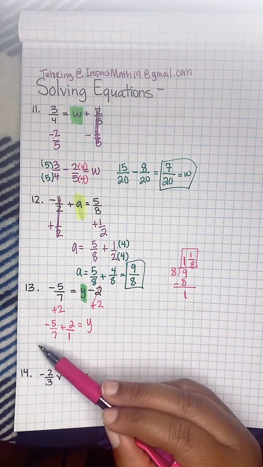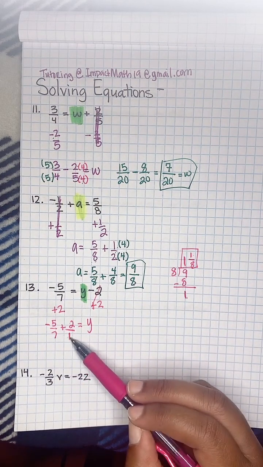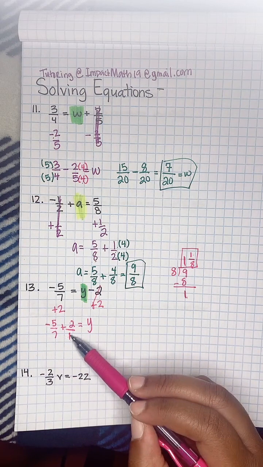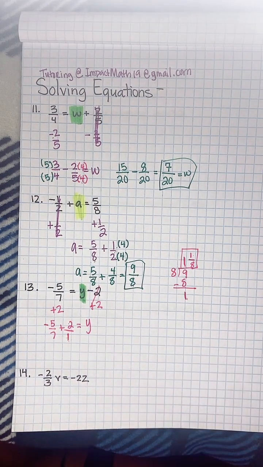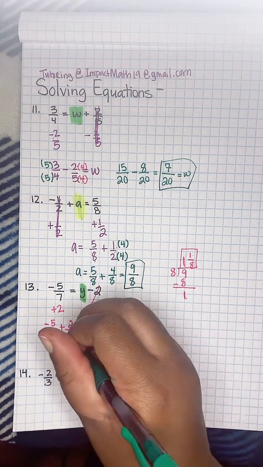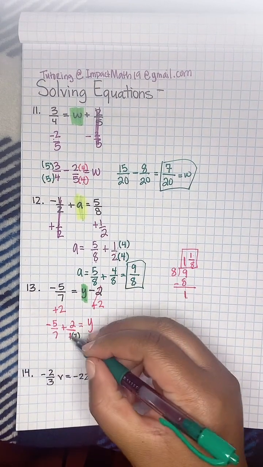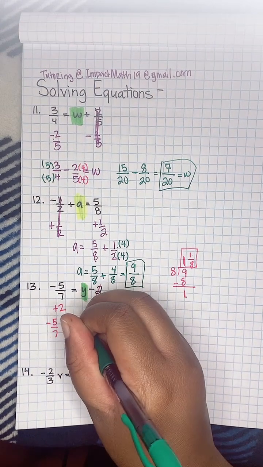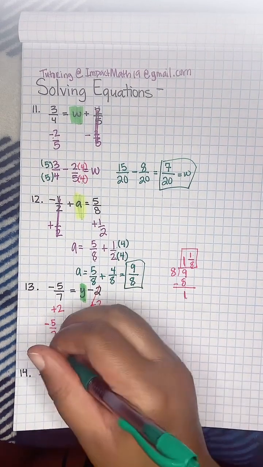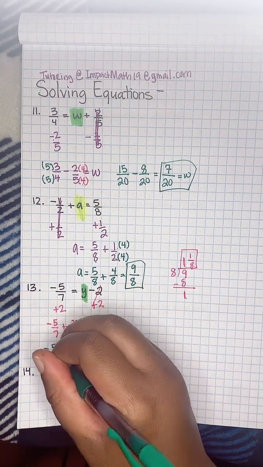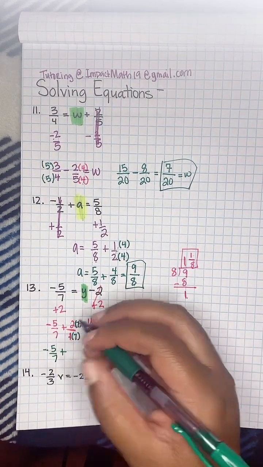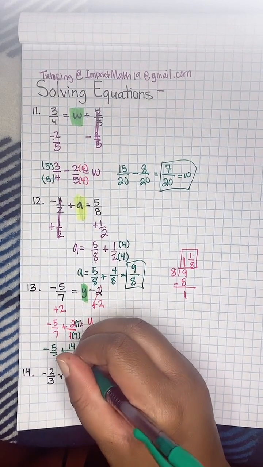Whenever we add fractions, we have to have the same denominator. So if this is a 7, I need this to be a 7. So I can multiply this by 7. But what I do to the bottom, I have to do to the top. So I get negative 5 sevenths plus 2 times 7 is 14 over 7.